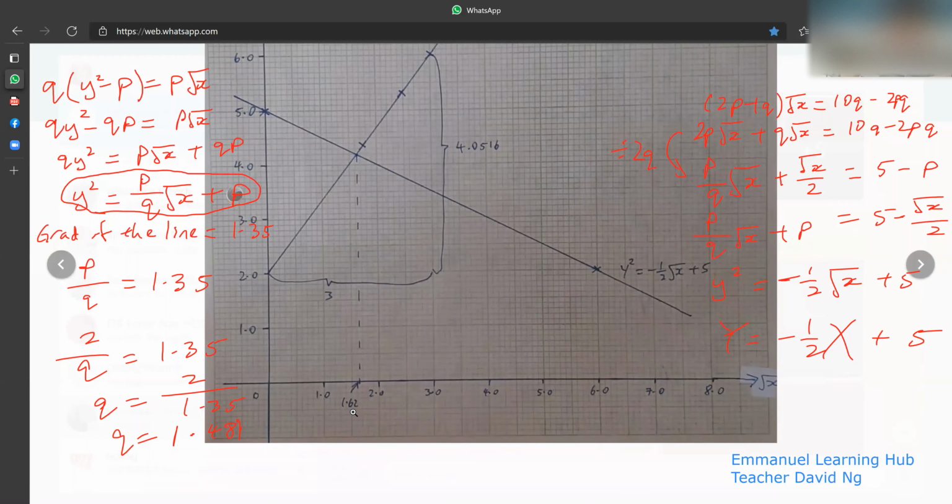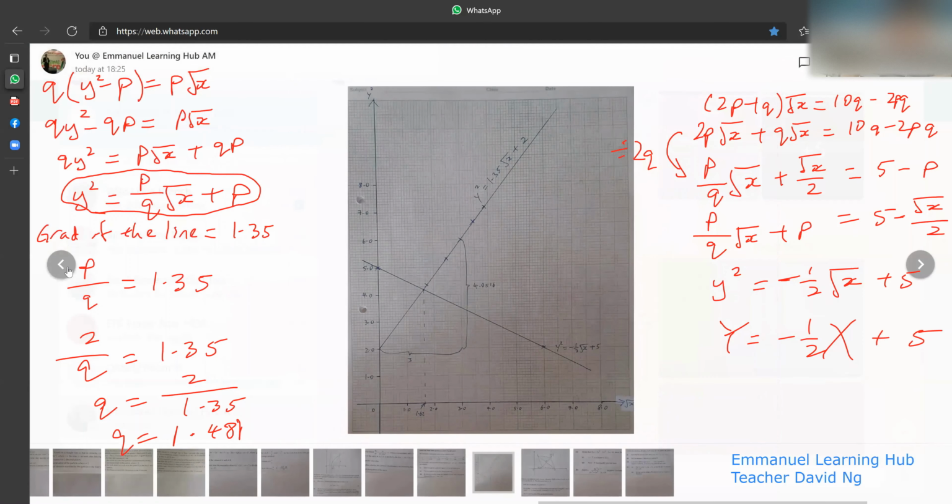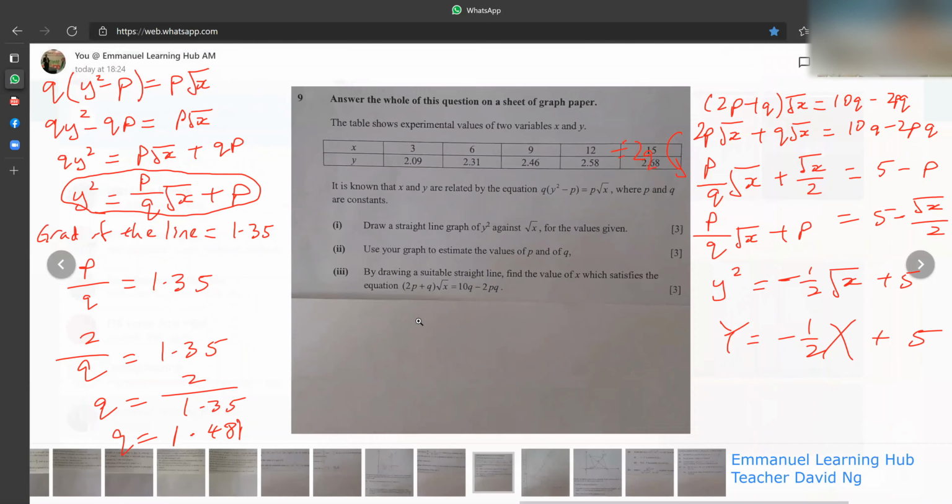Then root x is 1.62. So from the graph, square root x is 1.62. So x is equal to 2.6244. Understand now?